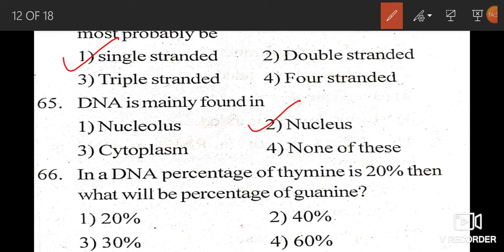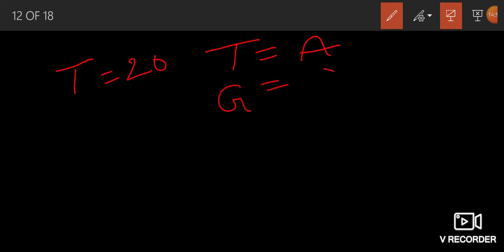Question number 66. In a DNA, the percentage of thymine is 20%. What will be the percentage of guanine? According to Chargaff, the number of thymines is equal to the number of adenines, and the number of guanines is equal to the number of cytosines.